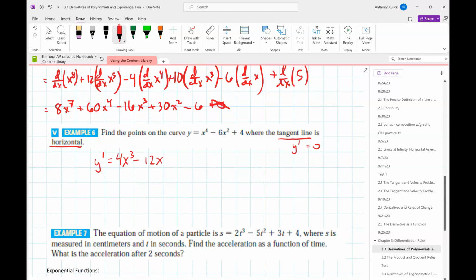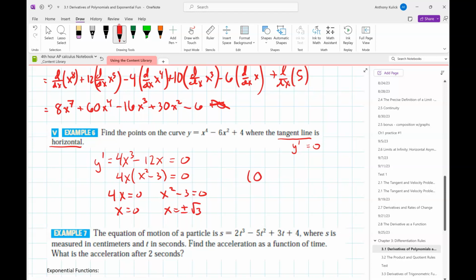There's still 0. And then I'm going to set that equal to 0. To solve that, I'll just factor. So I can take out a 4x. I apply the 0 product property. So I get x equals 0, and then plus or minus the square root of 3.